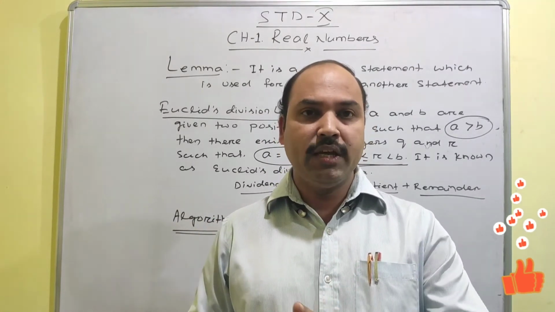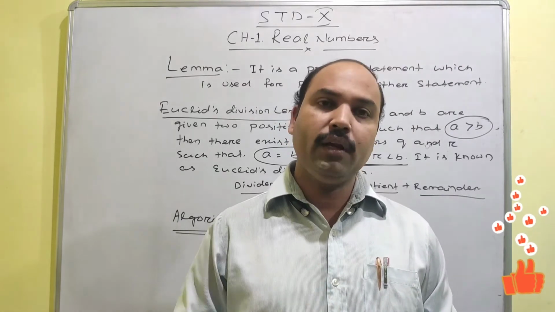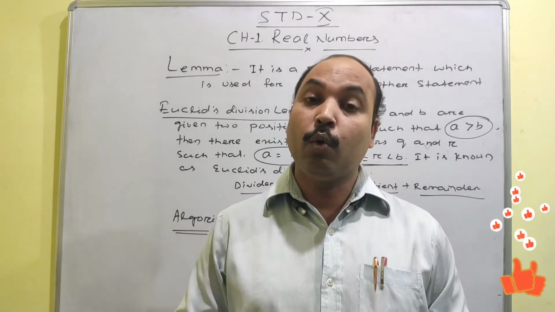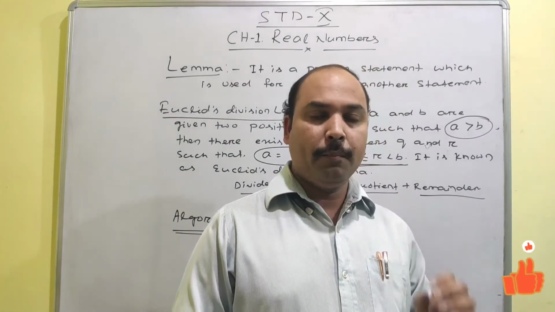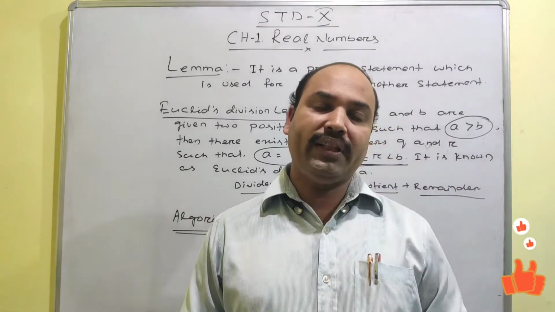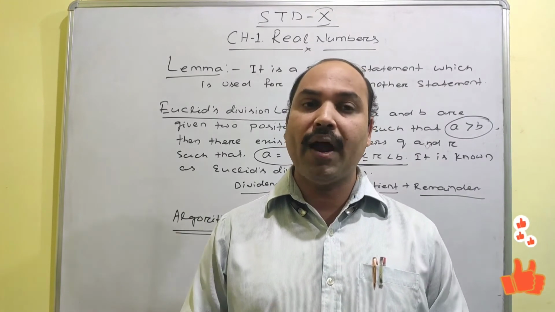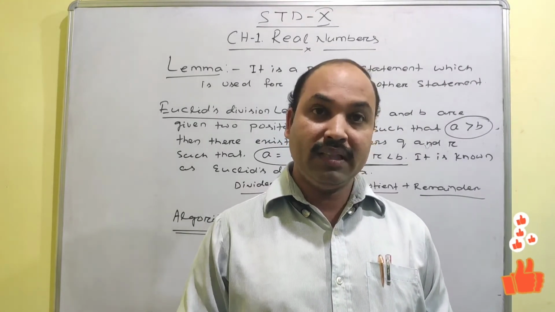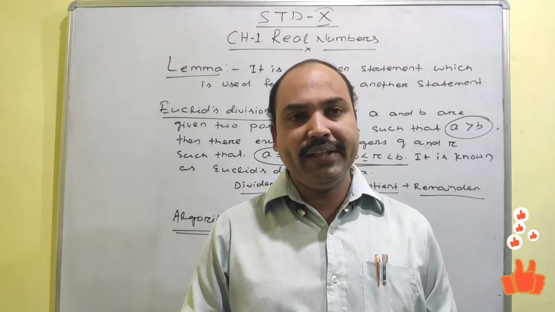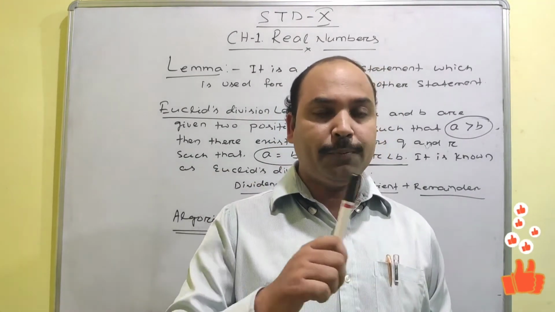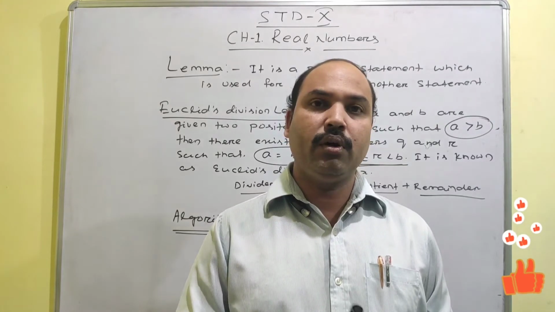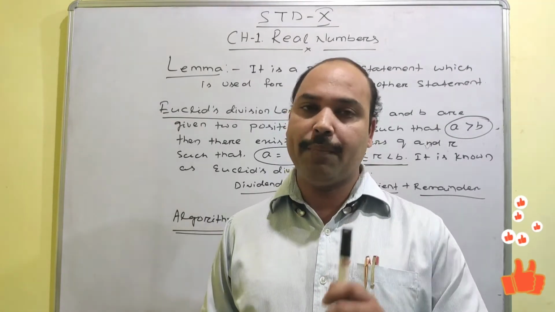So which type of problem? Now, to find the HCF by Euclid's division algorithm, we have to find the HCF. That's why it's written there: an algorithm is a series of well-defined steps which provides a procedure for solving a particular type of problem.